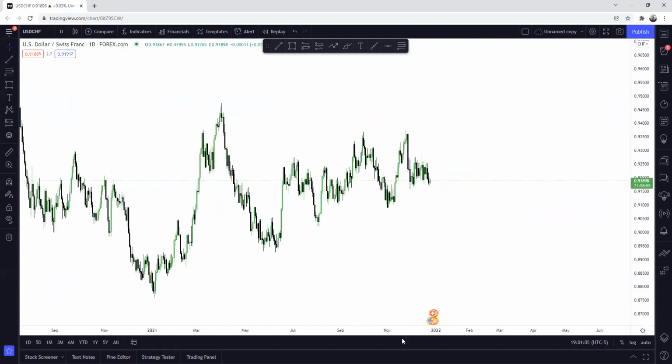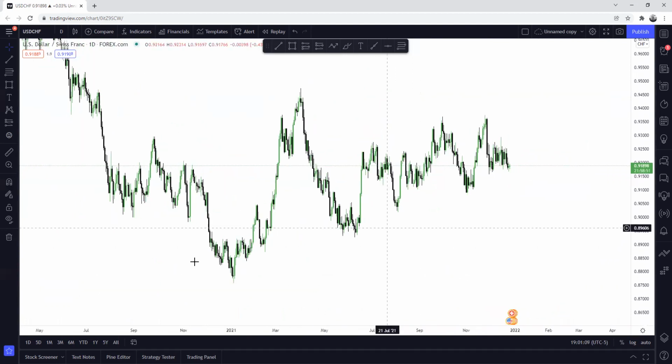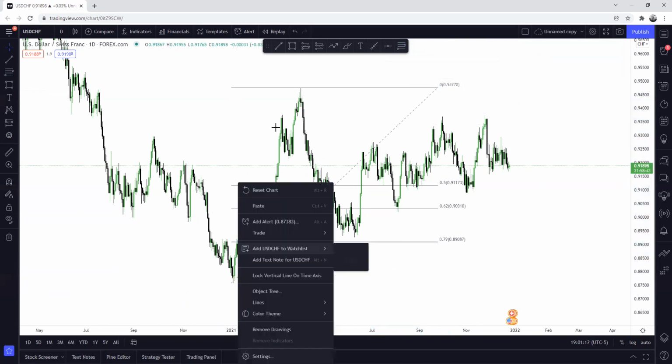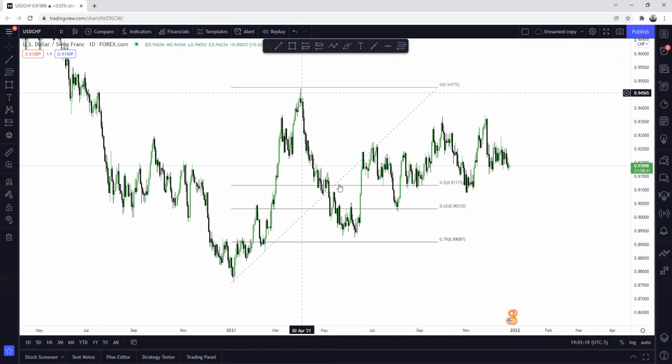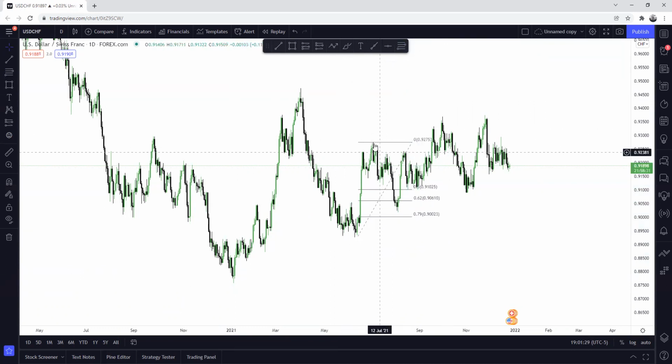I know it can get a bit confusing, but in simplest terms, it's anything below the 50% mark of a price range. Let's just take it for example here. From this low to this high, price is at a discounted area, below the 0.50. Take another fib from this low to this high, price is at a discounted range, hence why smart money gets involved here.